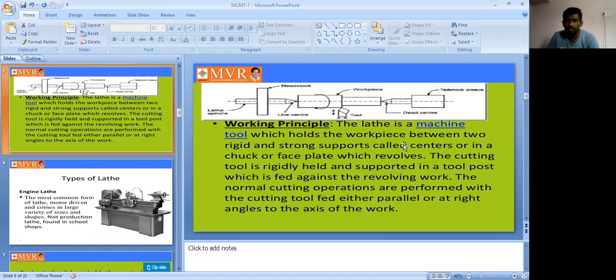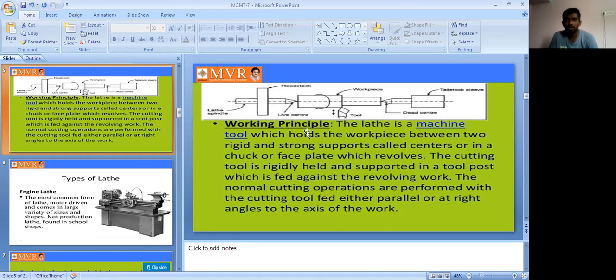The cutting tool is rigidly held and supported in a tool post, and it is fed against the revolving work. The normal cutting operations are performed with the cutting tool fed either parallel or at right angles to the axis of the work. So this is one of the basic principles of the lathe machine.